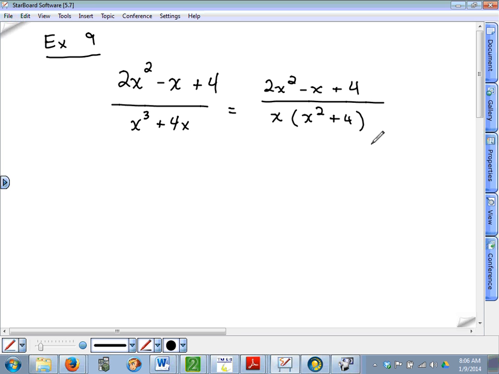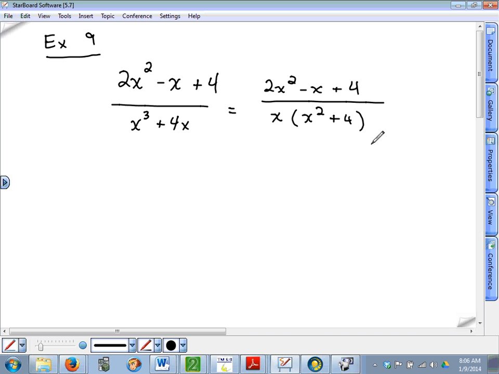Do we have just case 3, or is this a combination of a couple of things? It's case 1 because we have a distinct linear factor here, x. There's only one of them. And then we have a quadratic factor, but is it irreducible? x squared plus 4.